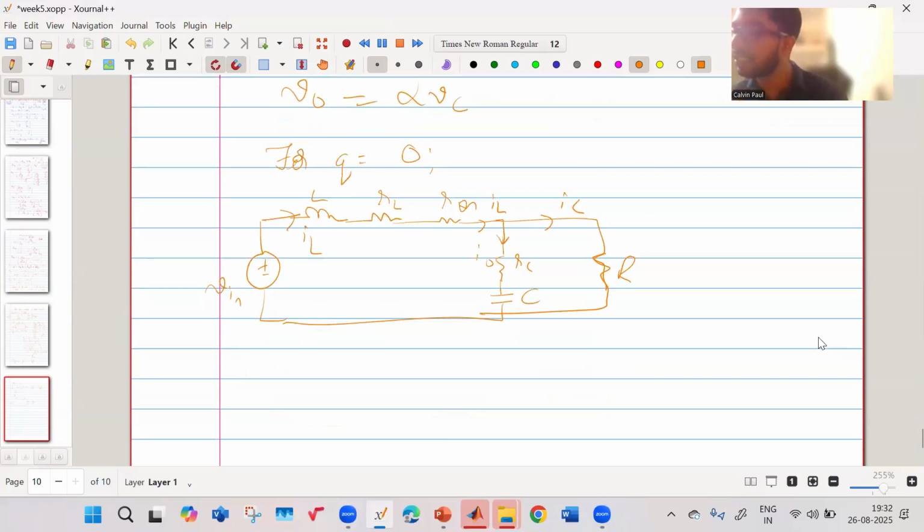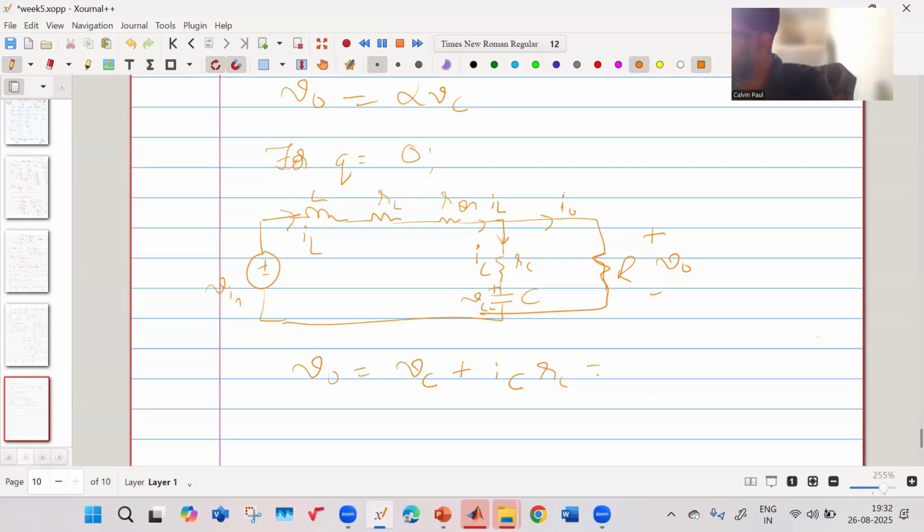So in this case, let's start with finding your V output, this is your VC. So again, your V output is actually equal to VC plus IC into RC. Oh, I made a mistake here. This is your IC, this is your I naught, right?